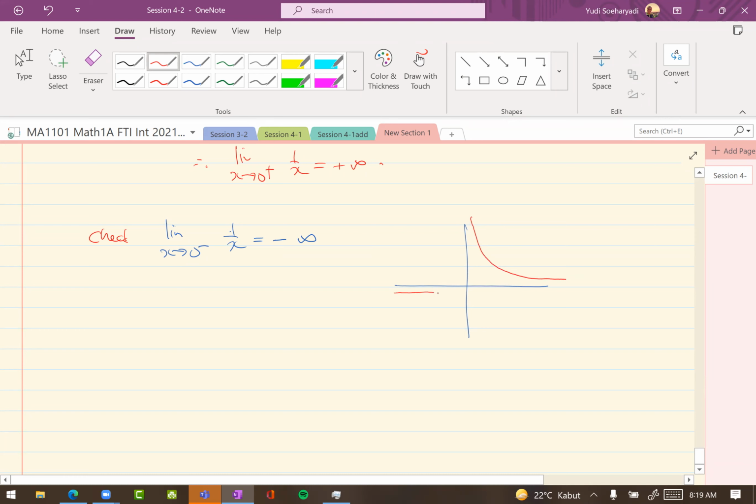So we call this the horizontal asymptote. This is what we call the vertical asymptote.